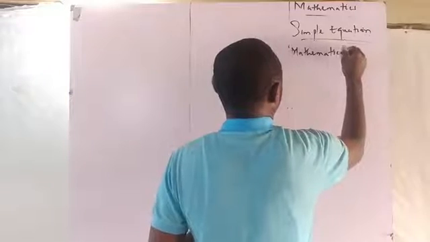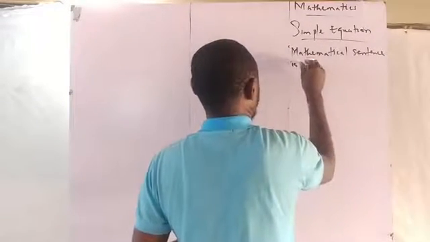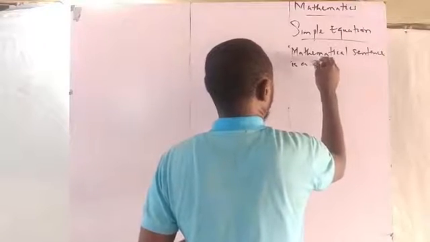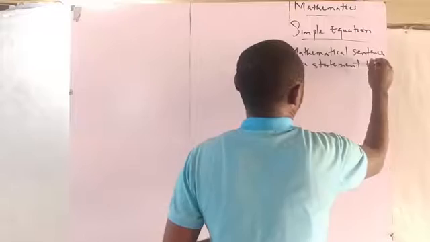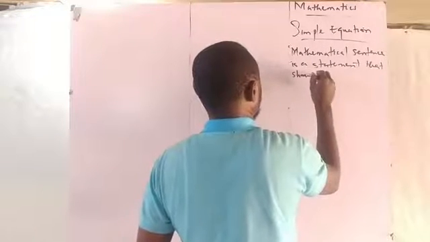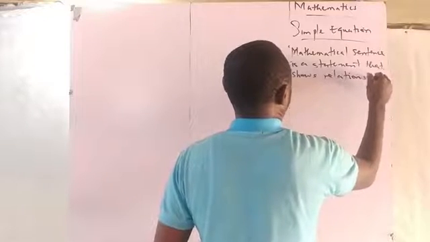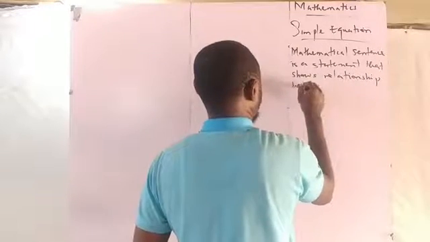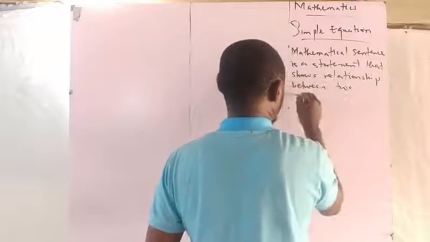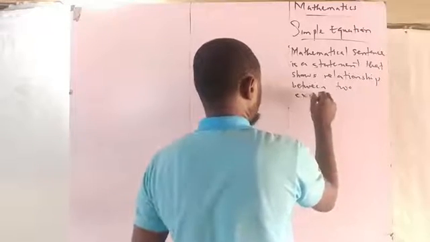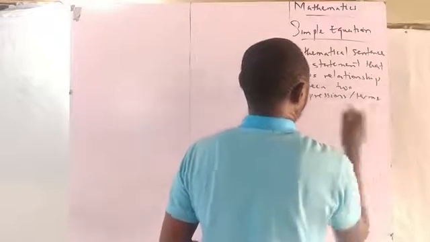A mathematical sentence is a statement that shows a relationship between two expressions or terms.